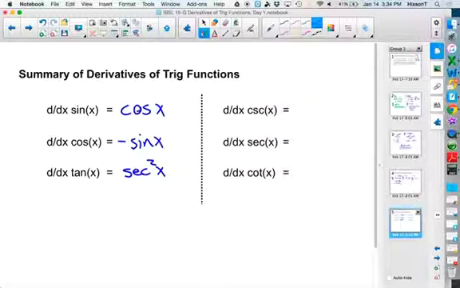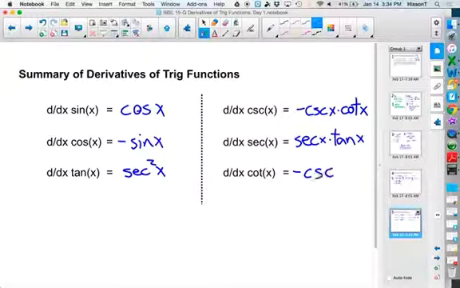Derivative of cosecant, negative cosecant times cotangent. And secant, secant times tangent. And cotangent is negative cosecant squared. Okay?